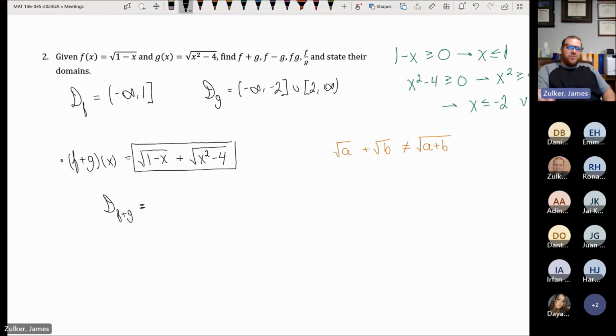Is -2 included? Right? That is the intersection. That's all that the two domains have in common.